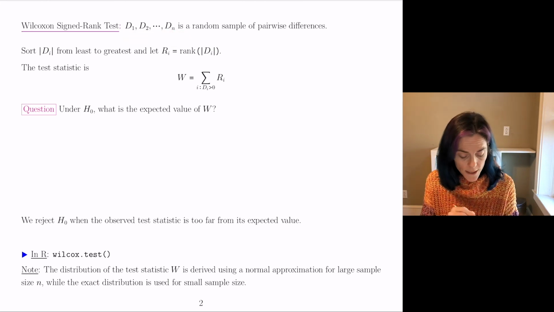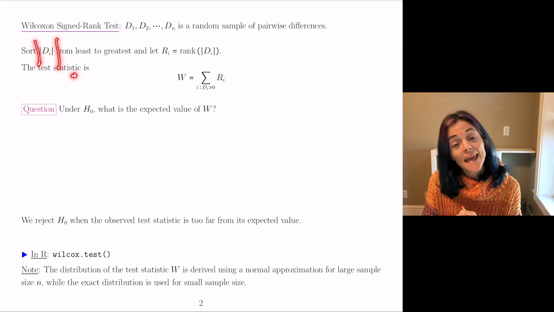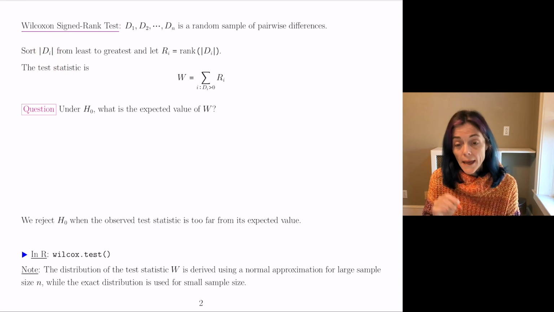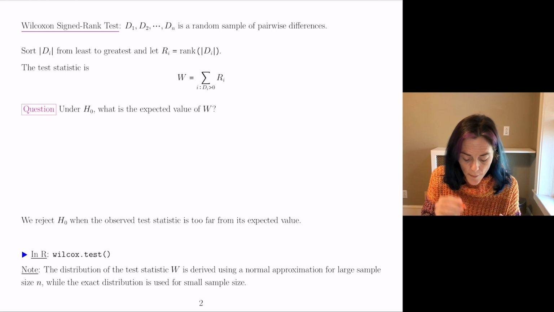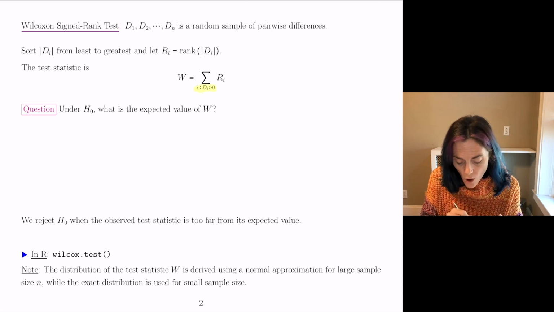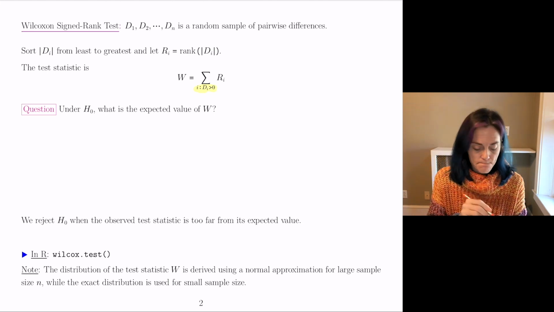We sort the absolute values of the Di's from least to greatest. We let capital Ri be the rank of the absolute value of Di. Then our test statistic W: we add up these ranks where Di was positive.